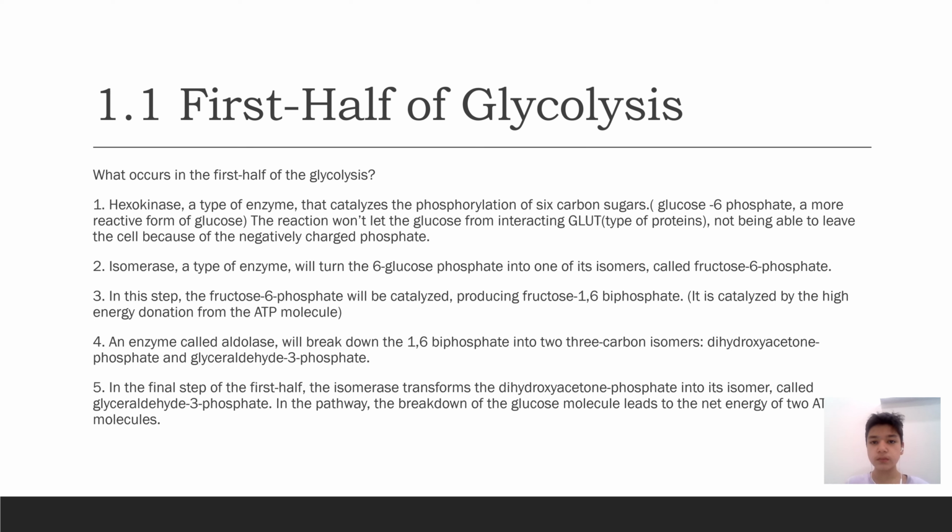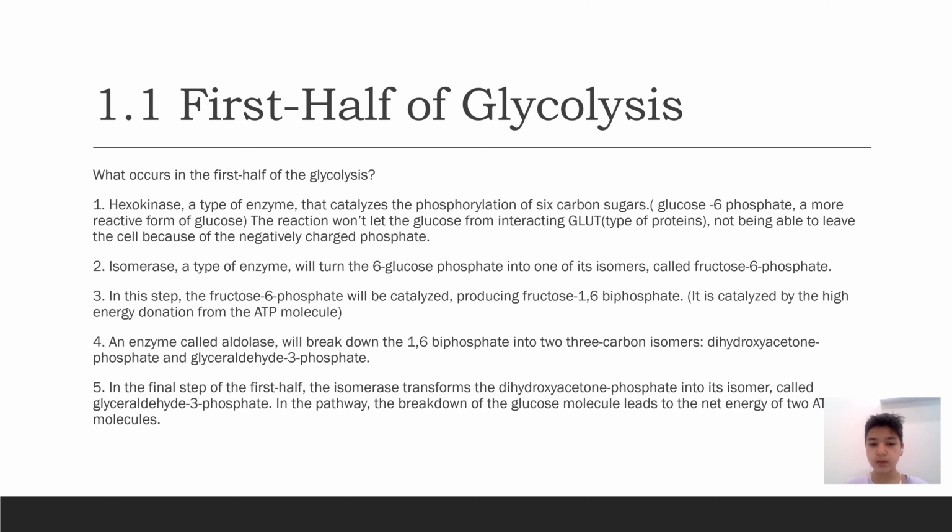So in simple words, what I'm trying to say in the first step is that hexokinase, a type of enzyme, will catalyze the phosphorylation of 6 carbon sugars, producing a more reactive form of glucose, a more working form of glucose, in other words.